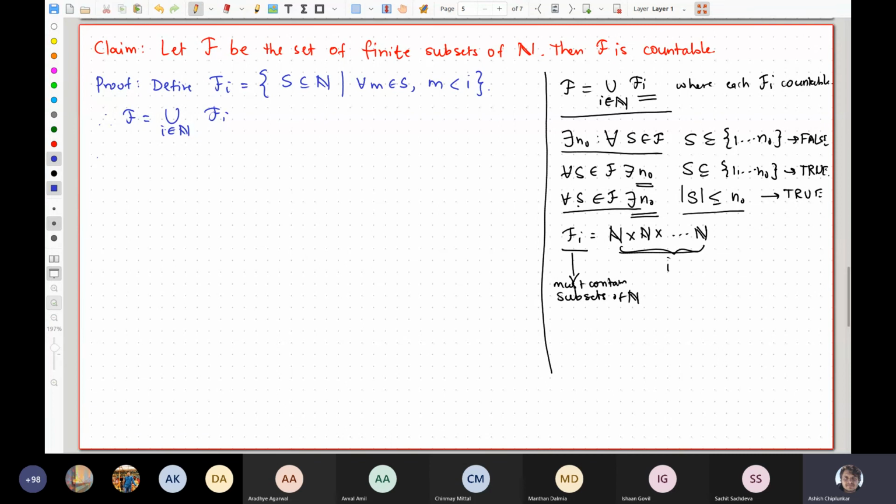Now observe, what is Fi after all? A set belongs to Fi if and only if it is a subset of the set 1 through i minus 1. So Fi is just the power set of the set 1 through i minus 1. Therefore Fi is finite.